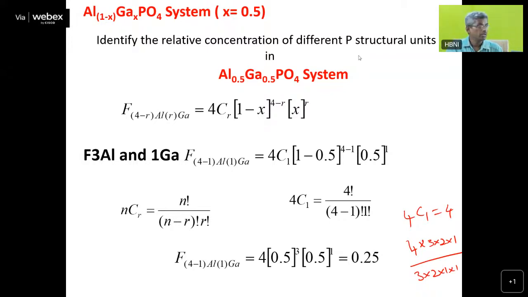Any question at this stage? If you have any questions, clarification or a doubt, please feel free to stop me at this stage, because it is a simple expression.